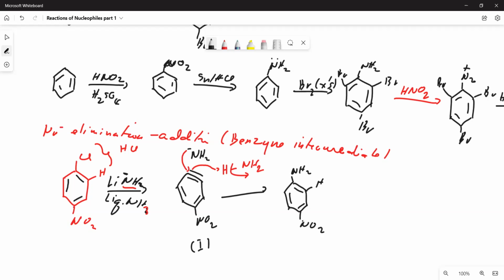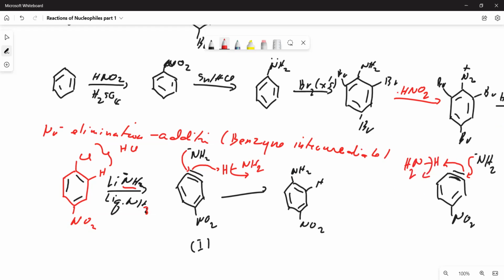But that's not the only product, because if you have this intermediate, you have an alkyne. That's an alkyne, right? It's a triple bond. So your NH2 amide can also attack on the other side here. And this pi electron will move, pick up the hydrogen from ammonia. There. Okay.